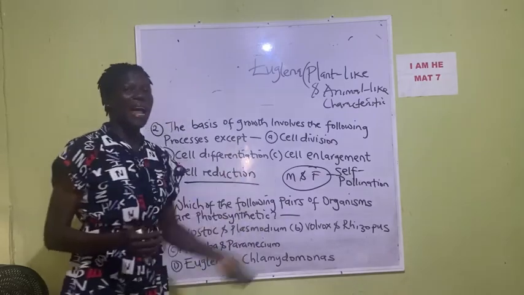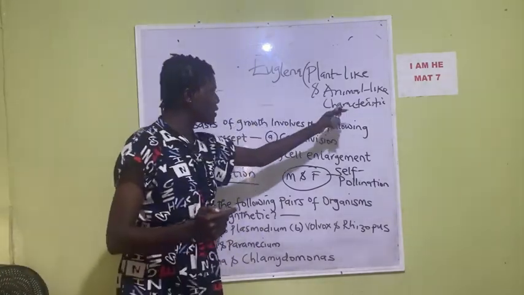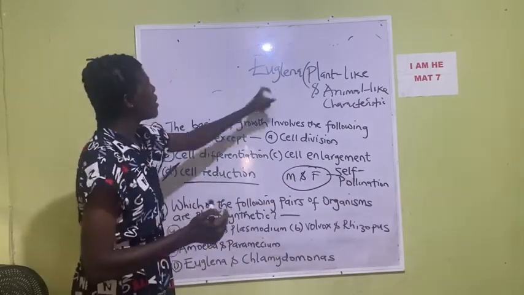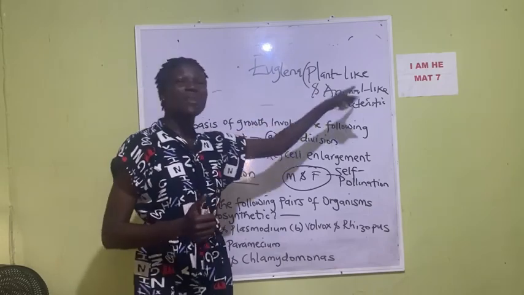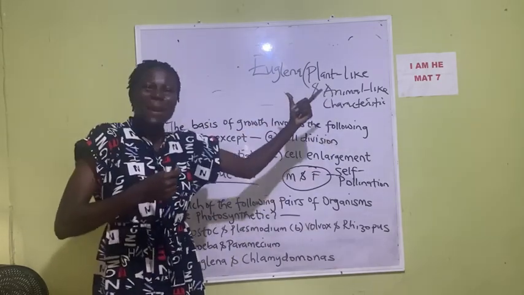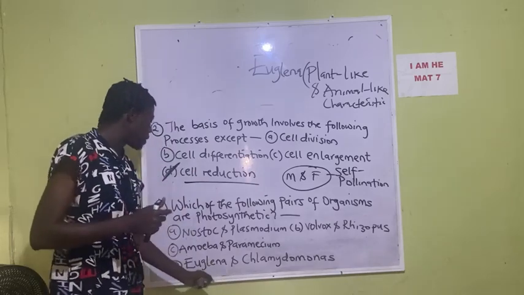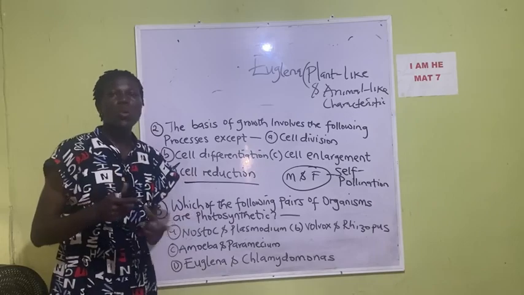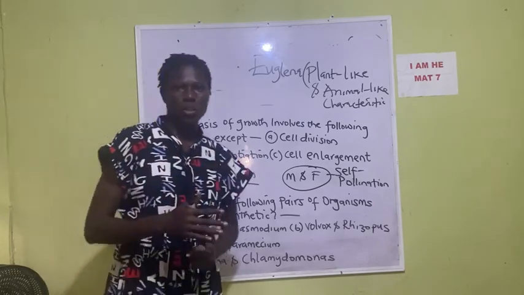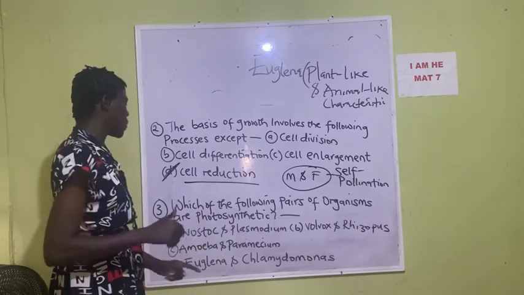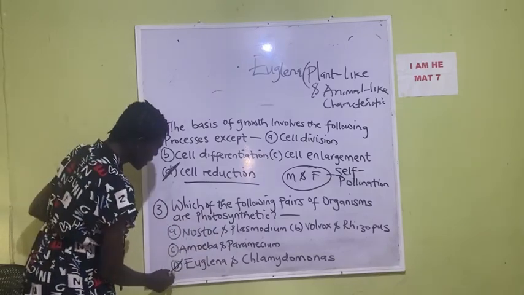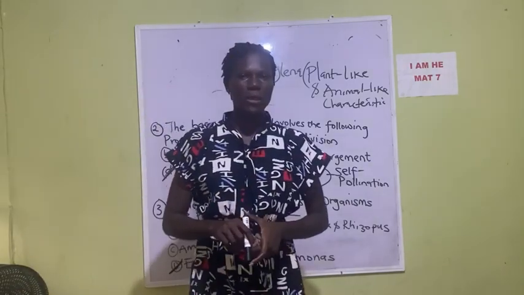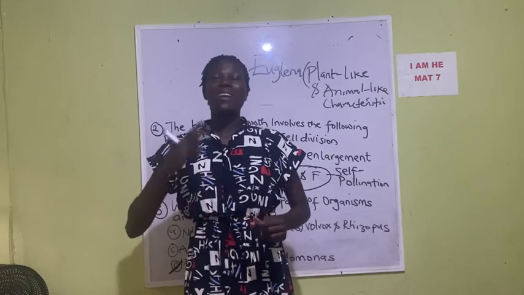In the absence of light, it exhibits the characteristics of an animal. So Euglena is both plant-like and animal-like. So it is photosynthetic in nature. And Chlamydomonas as well is also photosynthetic in nature. Do you understand it? So the correct option here is Euglena and Chlamydomonas.